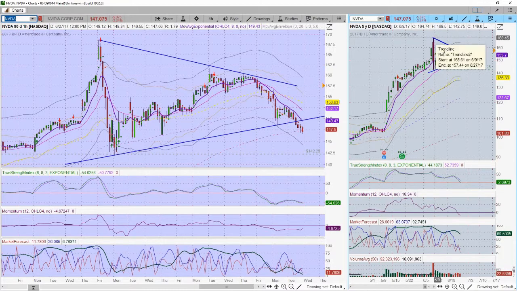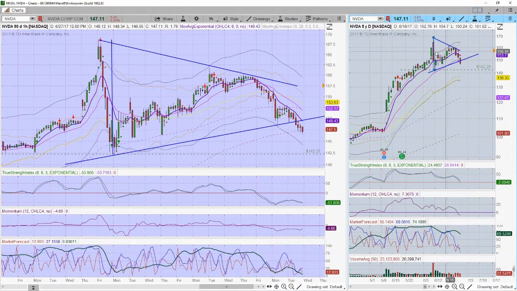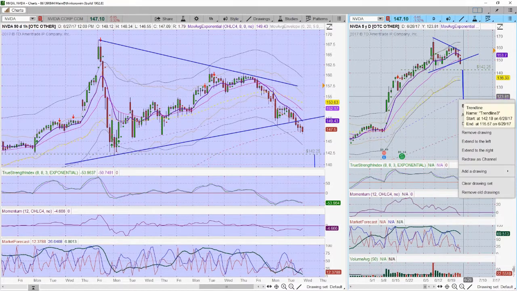But we would anticipate if this takes out the 142 level, where's it going? Well, let's take a real quick look at that. Let's activate it. That gives a downside target with NVDA right down here at past support of 115. Will it get there? We shall see.